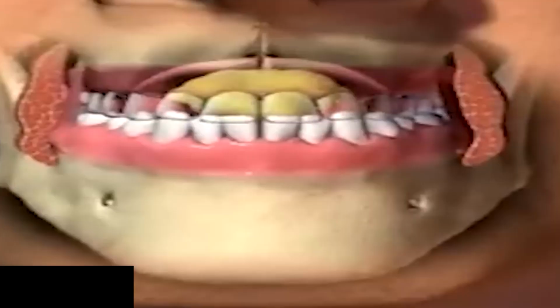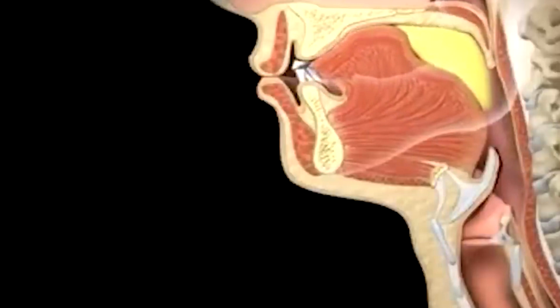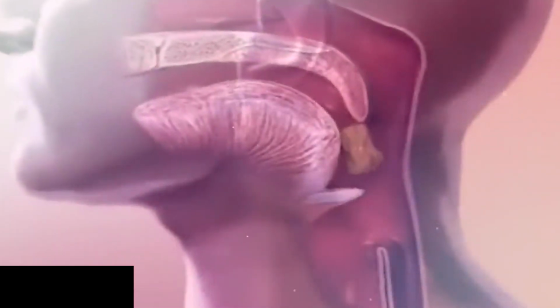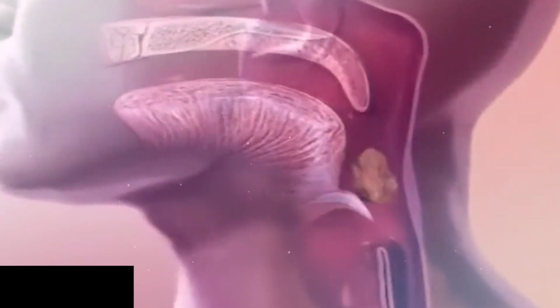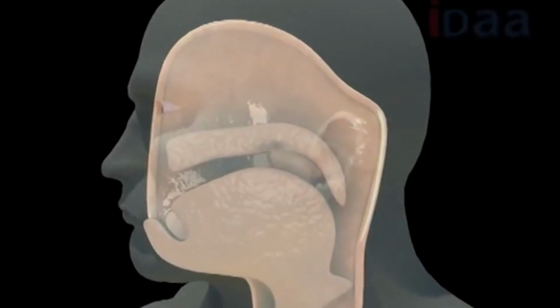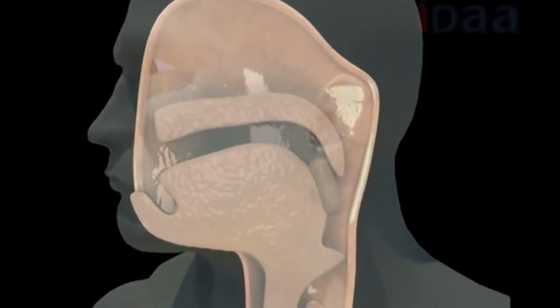Having gotten the masticated food lubricated and well moistened, it is pushed by the tongue to the back of the mouth, where it is rolled into a bolus, a structure like this. This bolus passes through the pharynx, where the epiglottis covers the trachea to permit the food to enter into the esophagus.